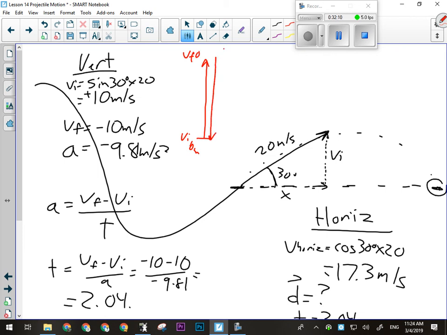VI is now going to be 0, and VF is going to be negative 10, because what they share is that it accelerated at 9.81 up and down. So everything is the same, so it has to get back to the same velocity it left. Does that make a little more sense? Any other questions on how that one worked?